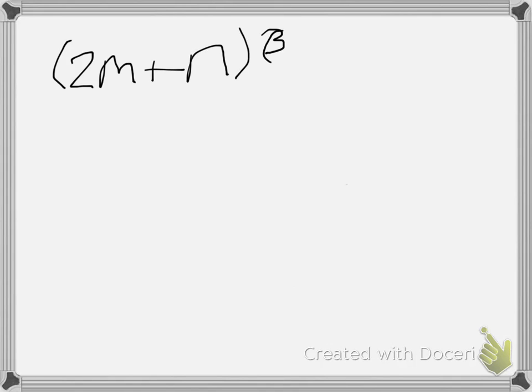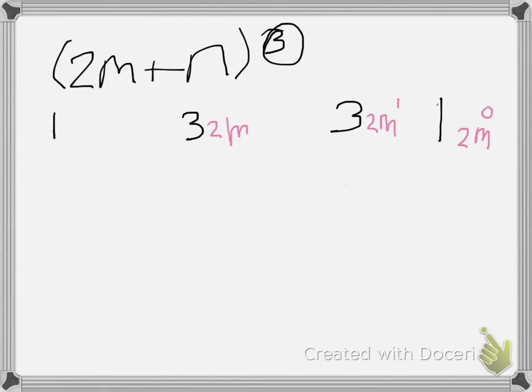Now I'm going to teach you binomial expansion. Let's use the same problem, 2m plus n cubed. Now this is in the third row, so it's going to be 1, 3, 3, 1. And it's 2m cubed, so we're going to do 2m to the 0, 2m to the first, 2m squared, and 2m cubed.